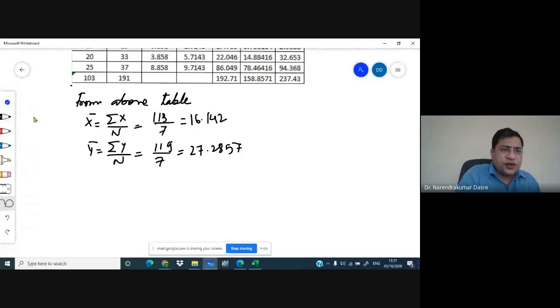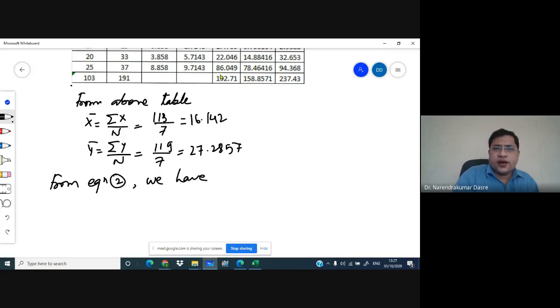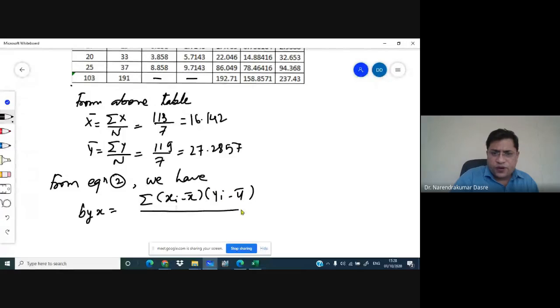So what we can say is, from equation 2, we have the values required. This value is required, and then this value is required. So from equation 2, we have byx equal to summation xi minus x bar into yi minus y bar upon summation xi minus x bar square.